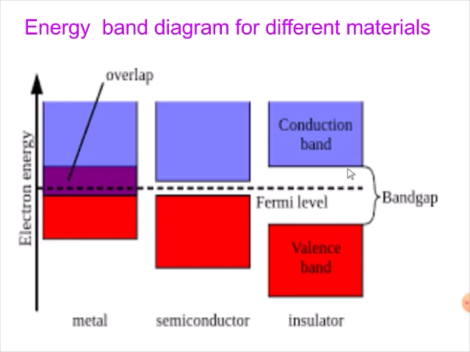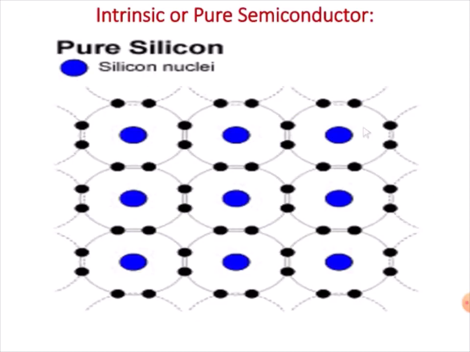Got it? So this energy gap is very large, and so none of the valence electrons can jump to an energy level above the Fermi level so as to reach the conduction band. So conduction cannot be established.